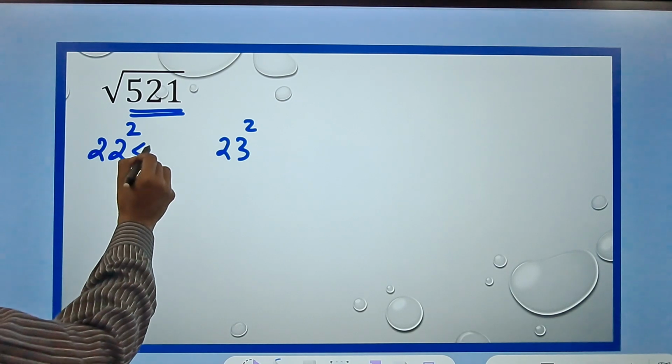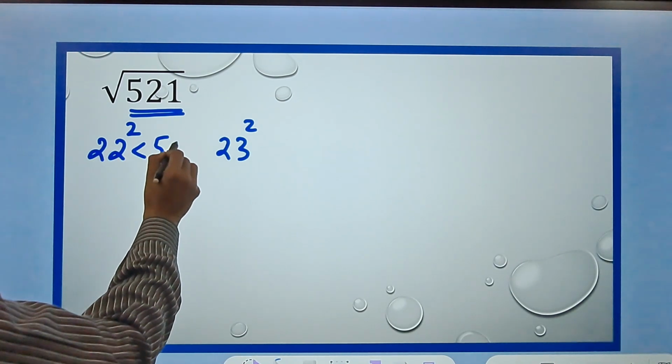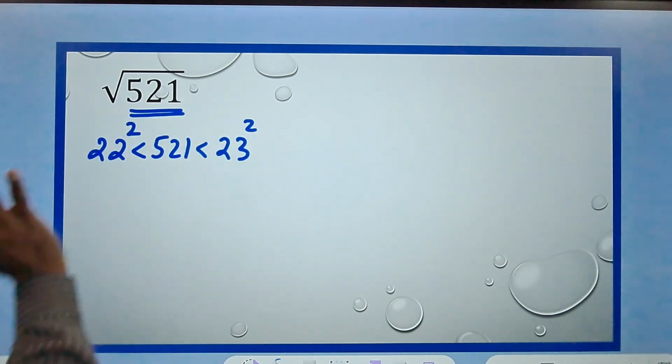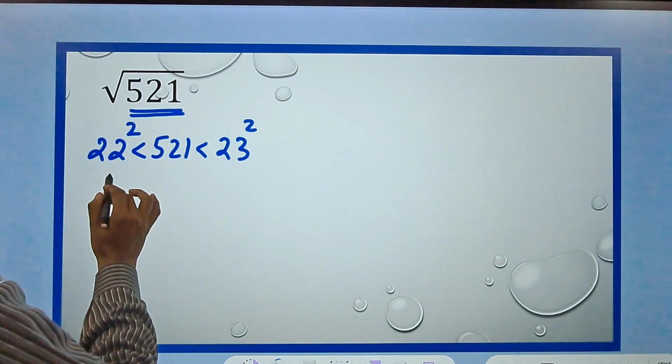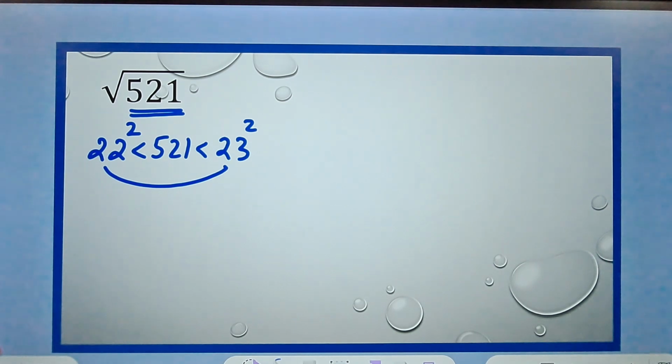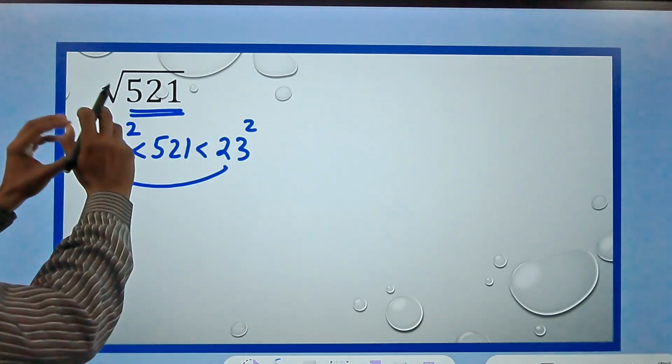So this is greater than 22 square and less than 23 square. So my answer for this is going to be between 22 and 23. Now this is something you need to be very quick in judging. So 22 and 23. So my answer is 22 point something.